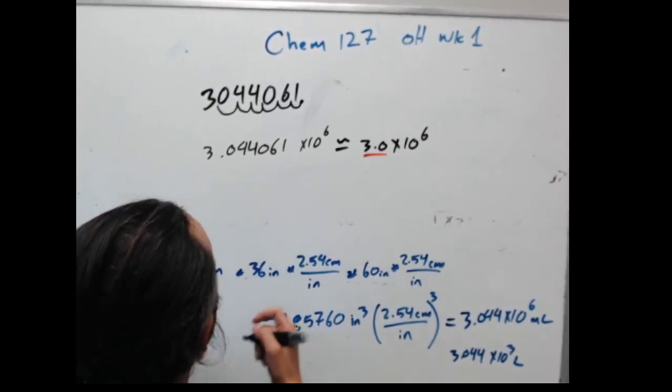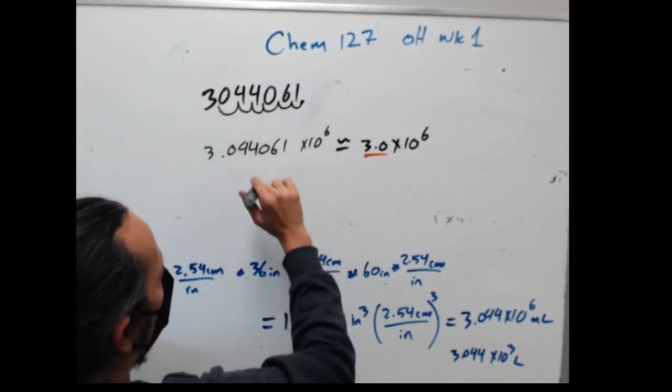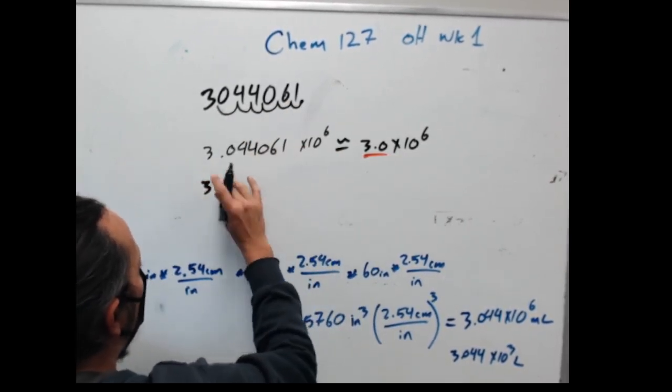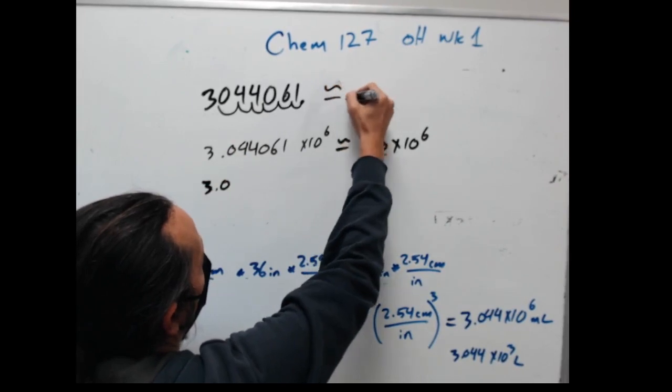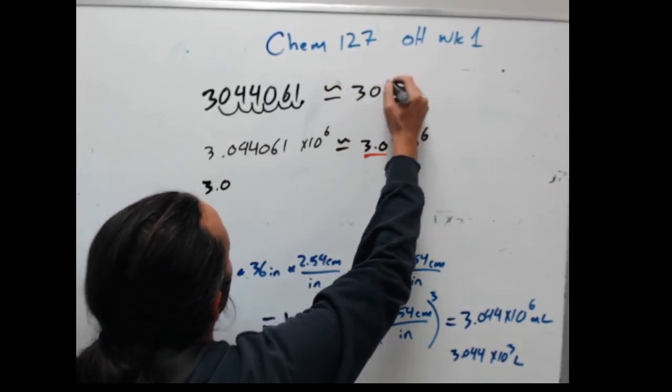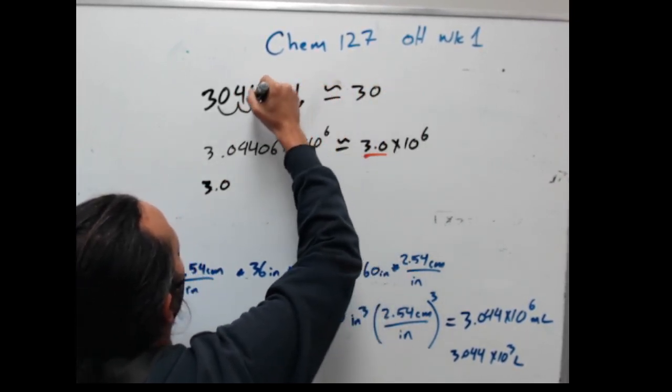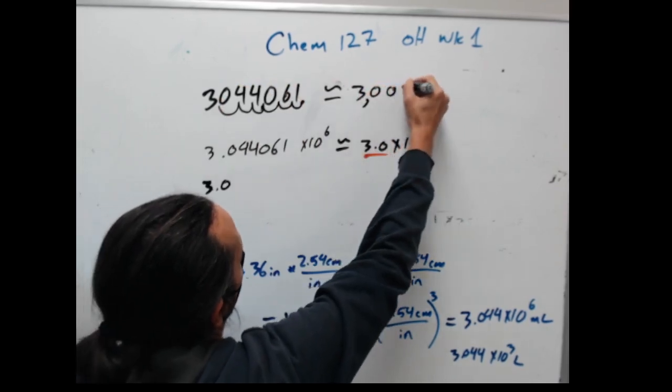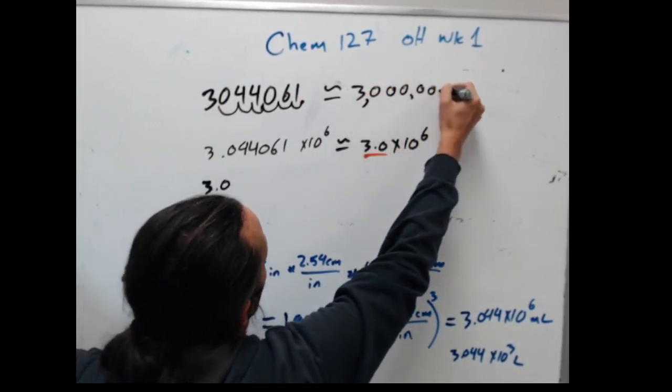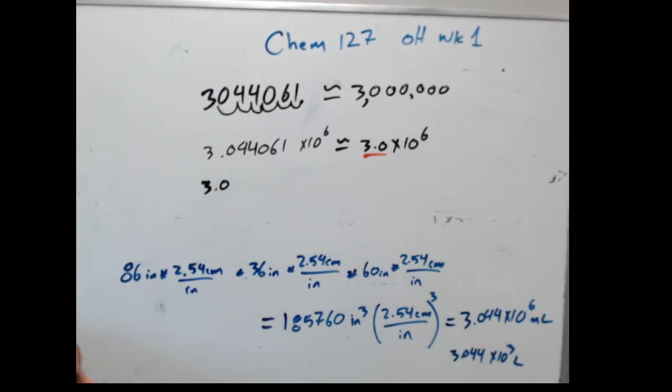If I wanted 3 sig figs, right, versus if I tried to write this out as 3.0, if I tried to write this out as approximately equal to 3,000,000, which of those zeros are significant? Which of those zeros are not significant? It's ambiguous. It's ambiguous to me, right?